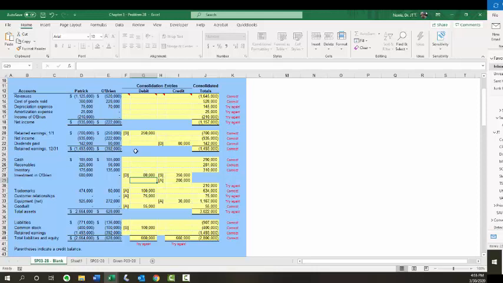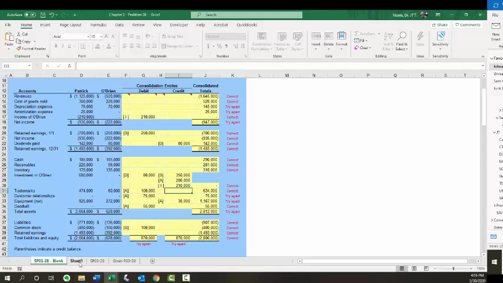So that gives us the I entry, which is income. And we recorded 210,000. And that is here, 210,000. And that brings the investment account to 0.